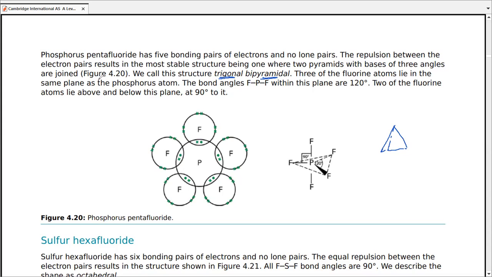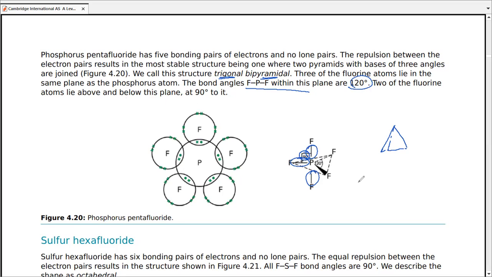3 of the fluorine atoms lie in the same plane as the phosphorus atom. This one, this one, and this one lie in the same plane. The FPF angle is 120 degrees between these. 2 of the fluorine atoms lie above and below, and these are at a 90-degree angle to the other 3. So there are 2 angles that you need to remember.